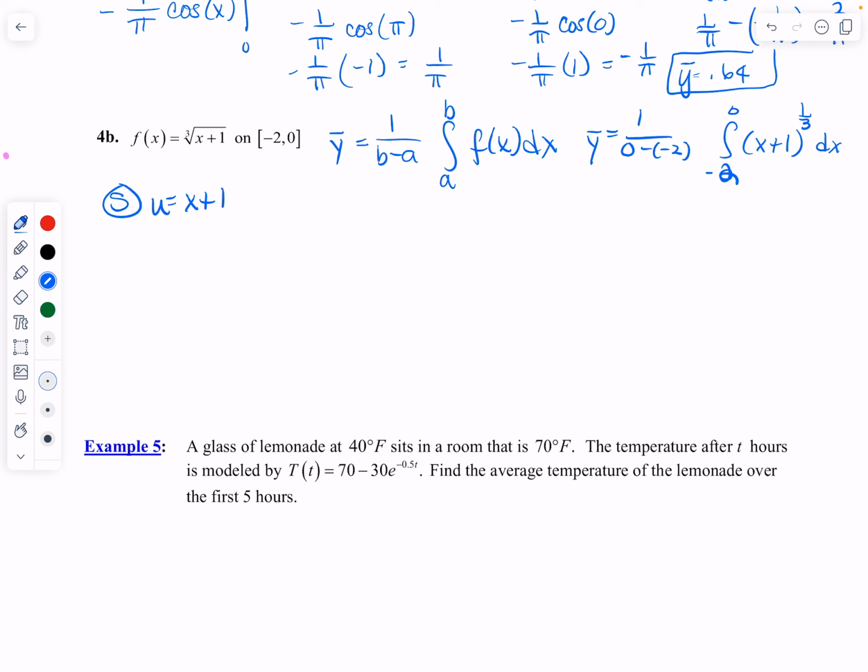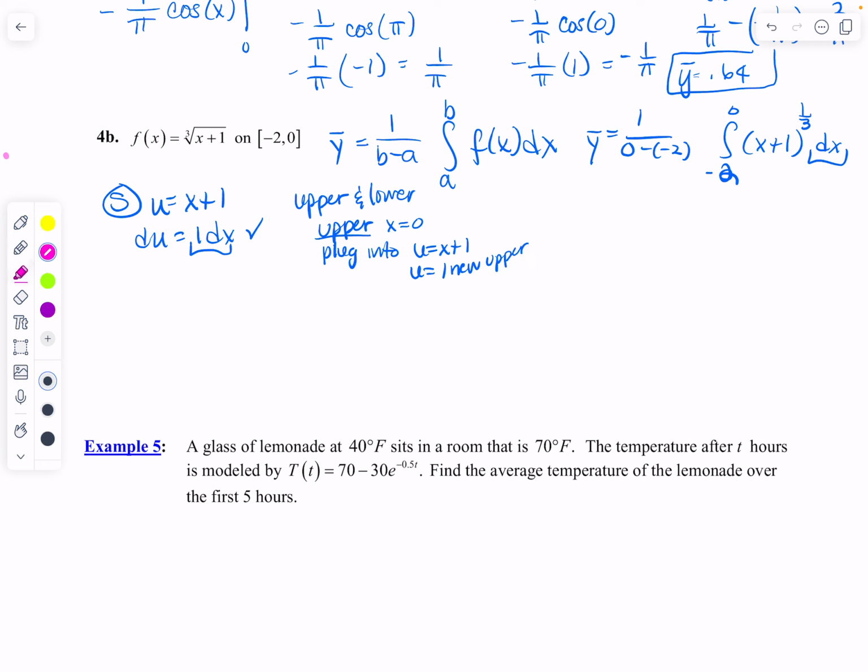But I have to take care of the upper and lower limits. So the upper limit, remember, was 0. So I'm going to plug that into the u formula, which is u equals x plus 1. So u equals 1. This is my new upper limit.